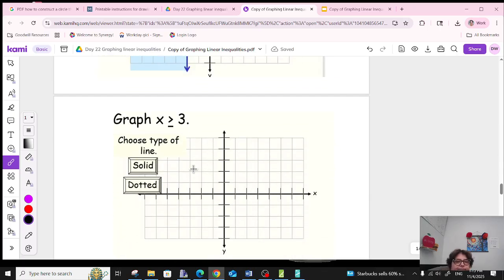Okay, you try. Is it going to be solid or dotted line?